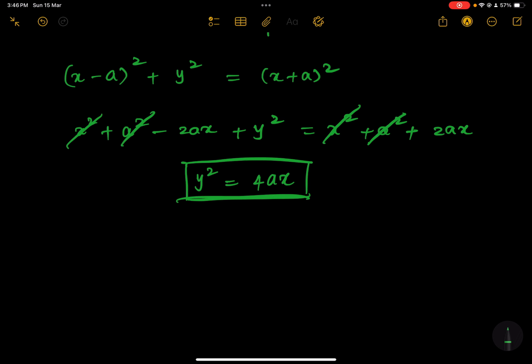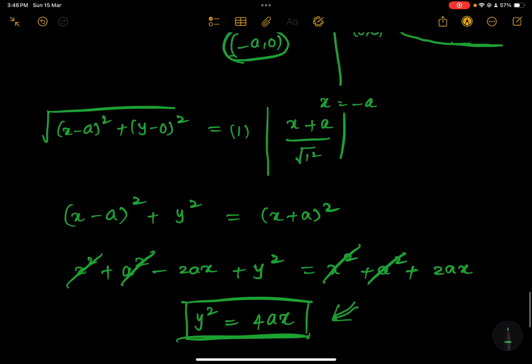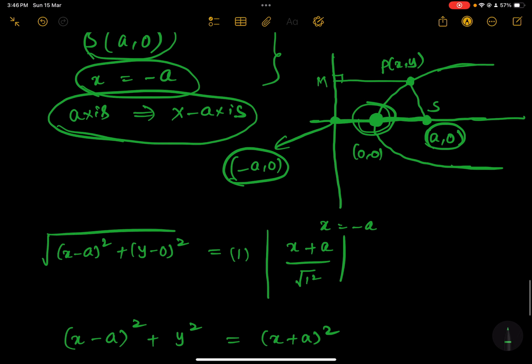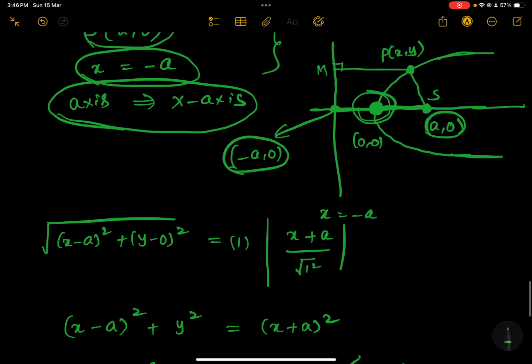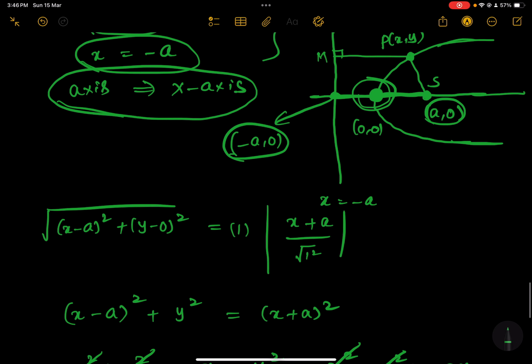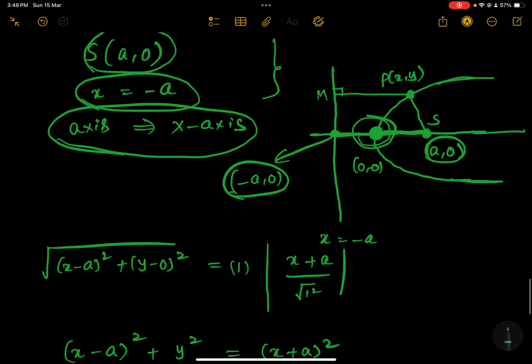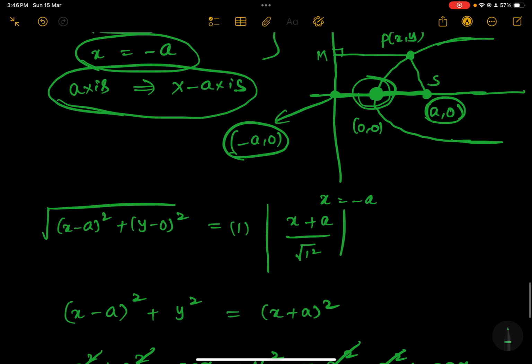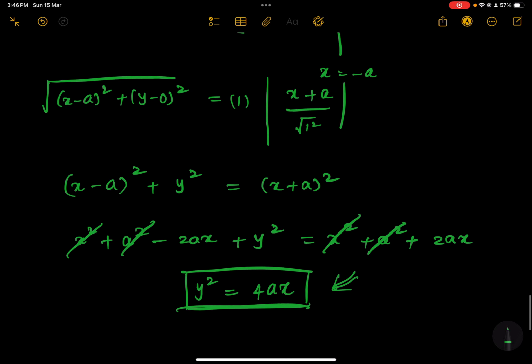Whenever you look at this particular equation, you should be able to write the vertex, which is (0, 0), the equation of the directrix, which is x plus a is equal to 0, and focus, which is (a, 0), all of these things.